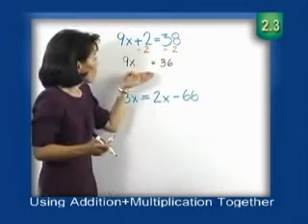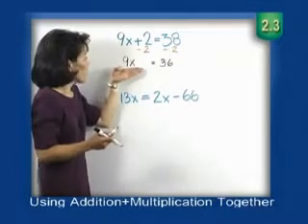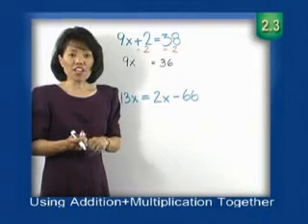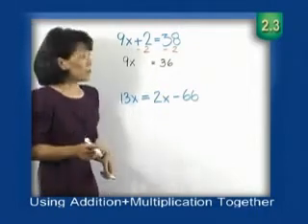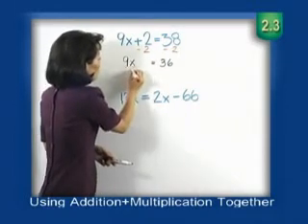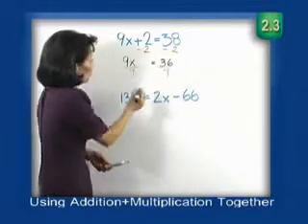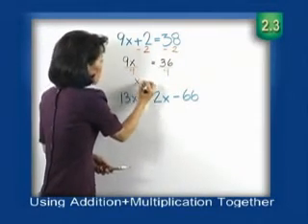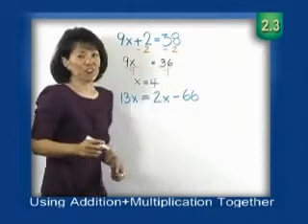Now, what we have left is this 9x equals 36. Now this is 9 times x. The way we undo multiplication is to do division. So I'm going to choose to divide both sides by 9 to eliminate the 9. What I get as a result is x equals 36 divided by 9, and I get 4.